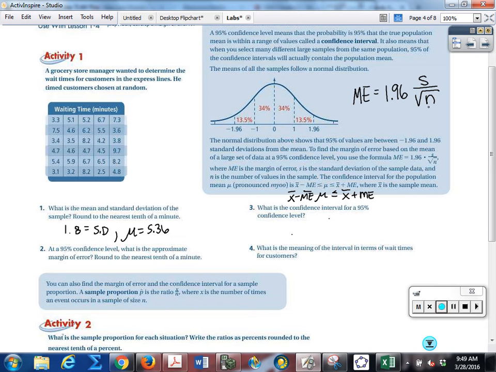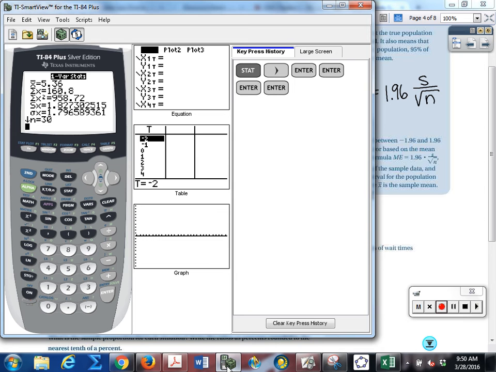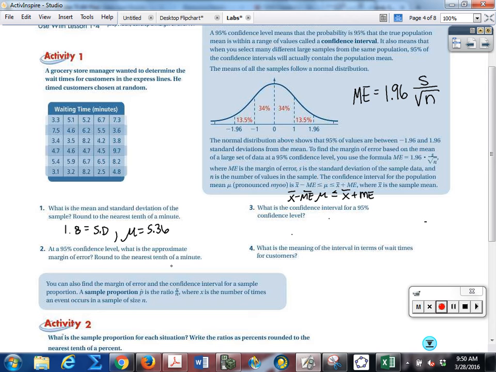And I would say to be more accurate, round it to the nearest tenth.